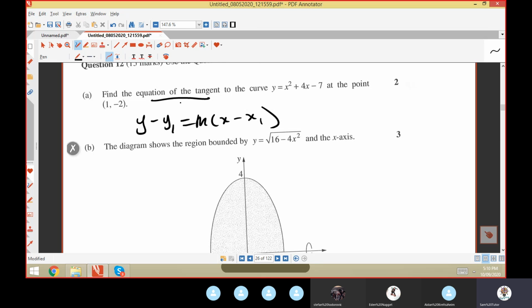Yes, here we go. y dash is 2x plus 4, the gradient of your tangent. Sub it in, you'll get 6. And obviously your equation is y minus y1 equals m times x minus x1. And if you really wanted to, you could expand, minus 6 minus 2, minus 8. Any questions?